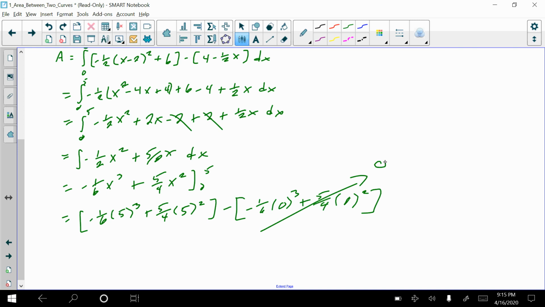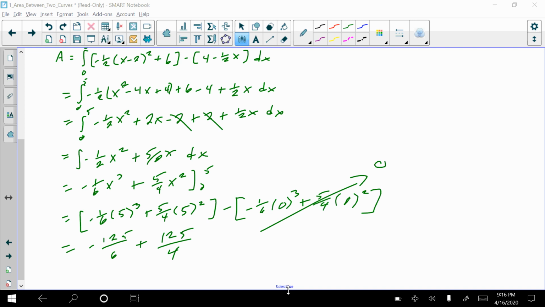So that really doesn't do anything to the problem. Let's simplify what we have inside. 5 cubed is 125, so that will give me negative 125 over 6, plus 125 over 4.